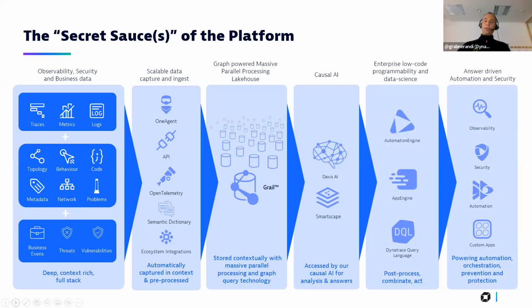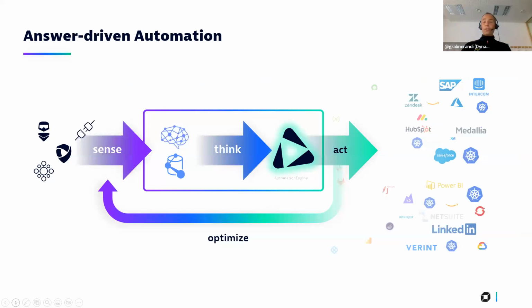Now, the last piece here, I want to zoom in and give you a little bit of an idea, because I think this is something, in my 15 years at Dynatrace, we really just recently added. Not only can we ingest data from the agent, from OpenTelemetry, from Prometheus, from any data source, and not only do we analyze it with our AI, but you can now also act on any type of data through our automation engine.